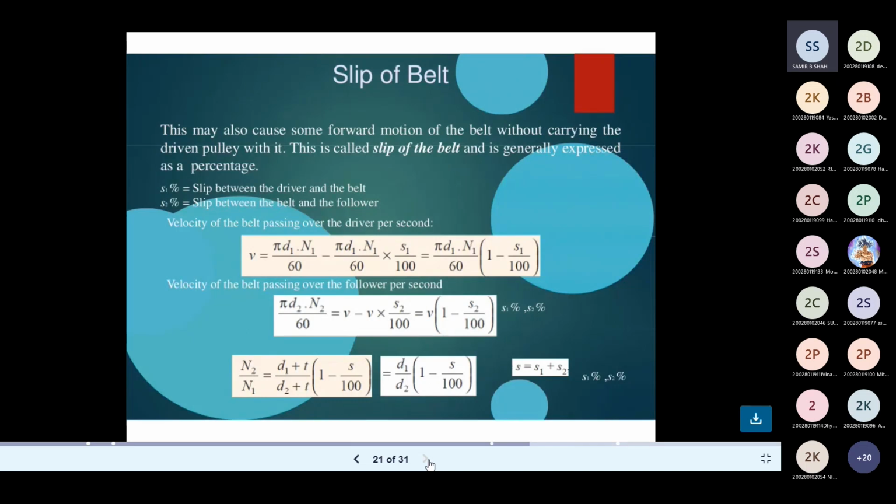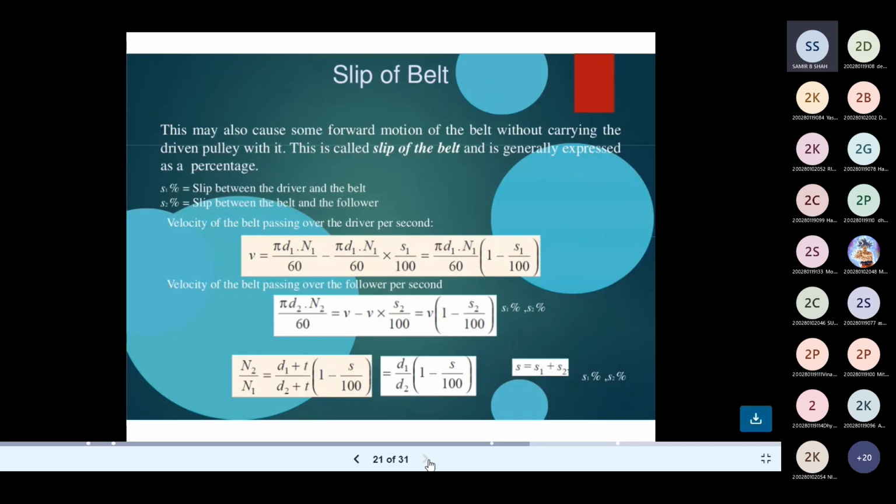As we know, if we consider the slip in percentage, s1 is the slip between the driving pulley and the belt, and s2 is the slip of the follower, or driven.